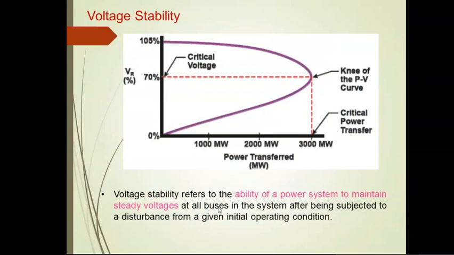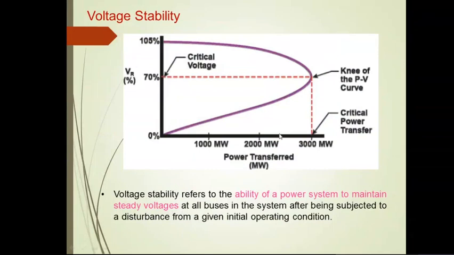The variation in the voltages on these buses has to be within limits. That is, it is the ability of the power system to maintain steady voltages at all the buses in the network following a disturbance. As shown over here, it is important that in the interconnected system, voltage is maintained at a steady state quantity.